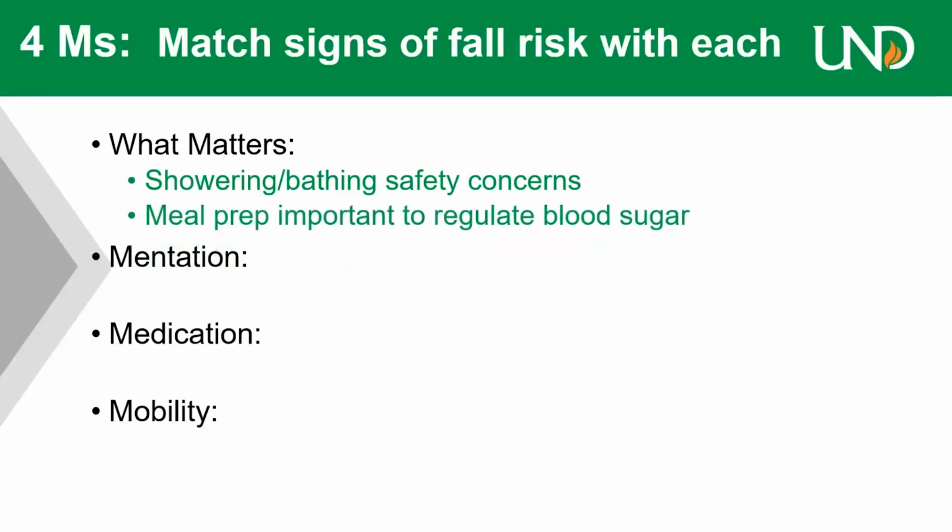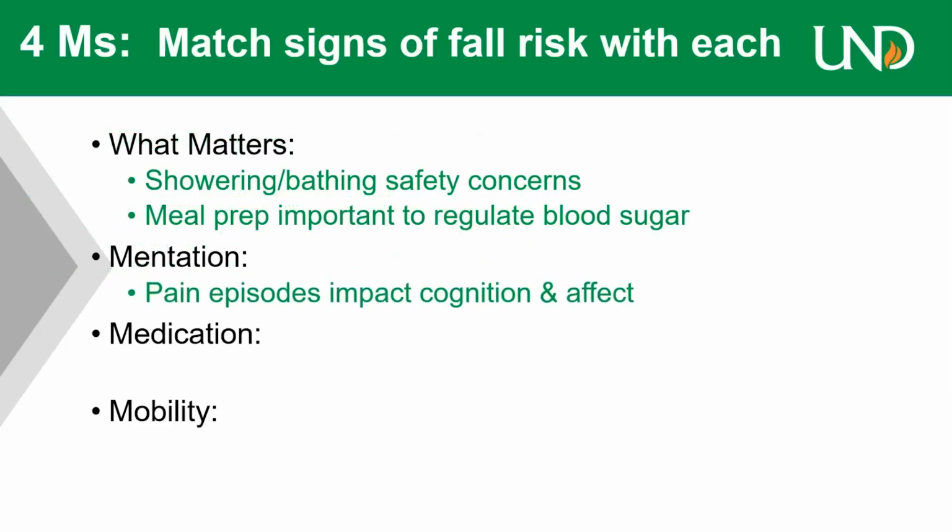Meal preparation is important to regulate her blood sugar. So if blood sugar was the problem, it's going to be really important that she have regular intake of meals. So that falls under the what matters category. How about mentation? What did we say about Virginia for mentation? Well, we know that she has pain episodes that impact her cognition and affect at times.